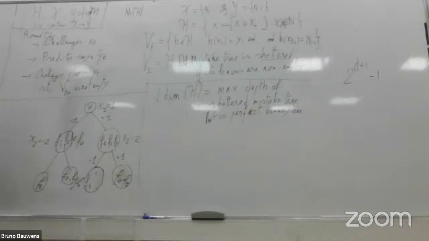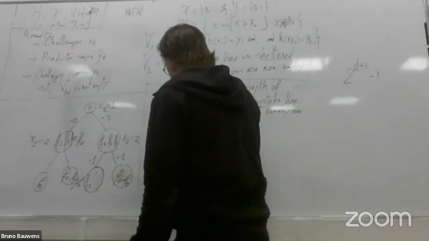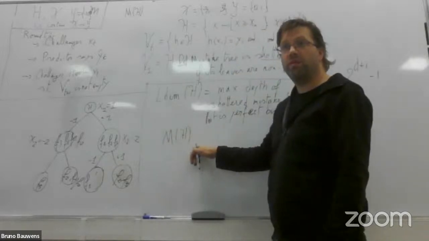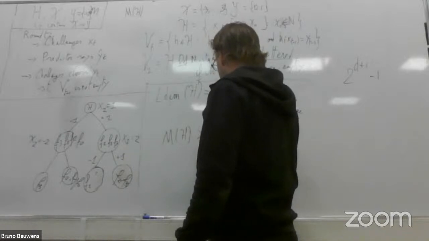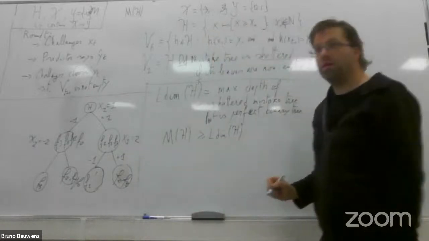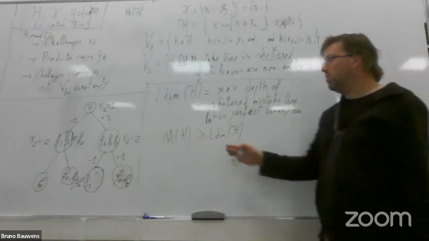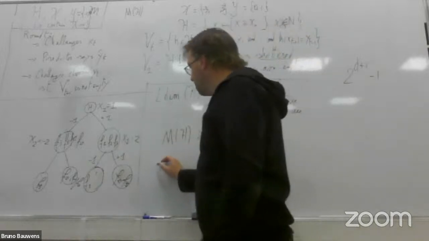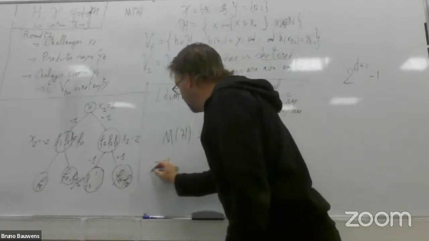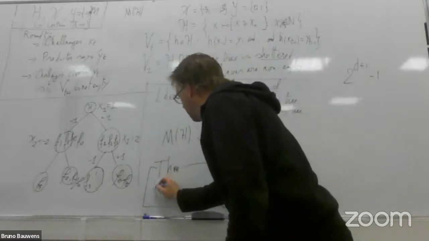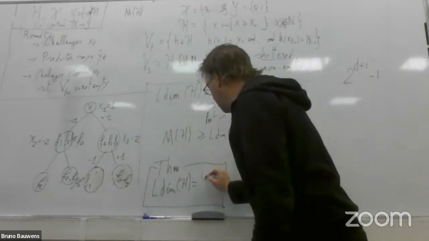And so from the definition, we directly see that the maximal number of mistakes challenger can enforce is at least the Littlestone dimension of H. So there is a theorem, and it says that it's actually equality. The theorem says that the Littlestone dimension of H is equal to M of H.